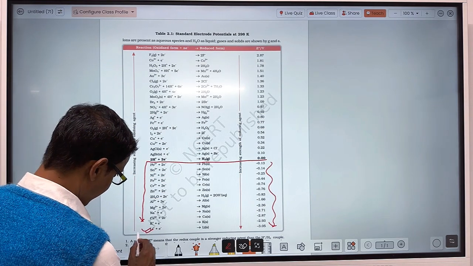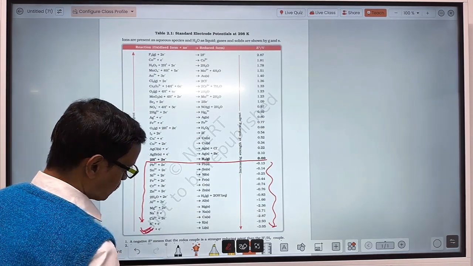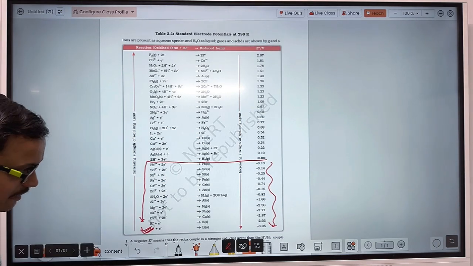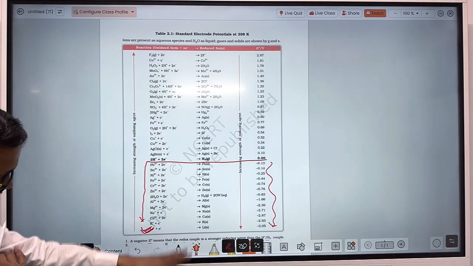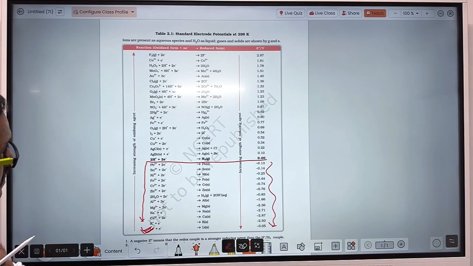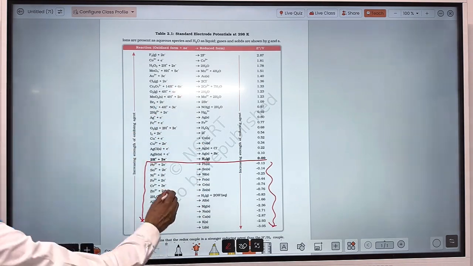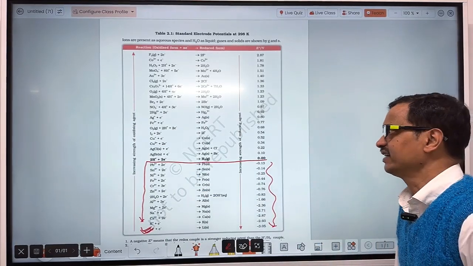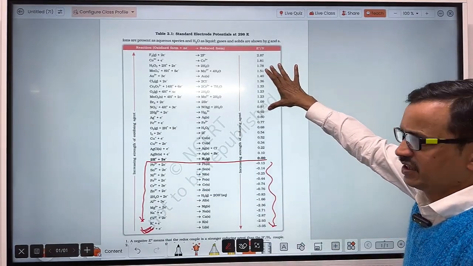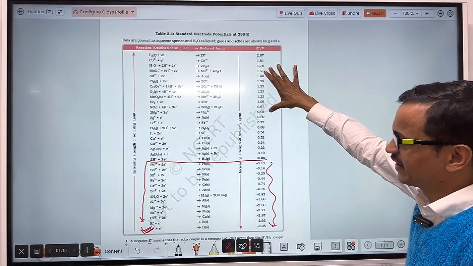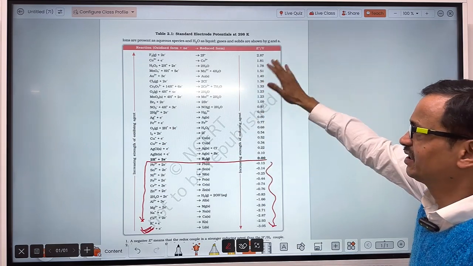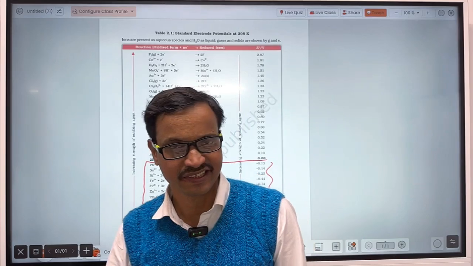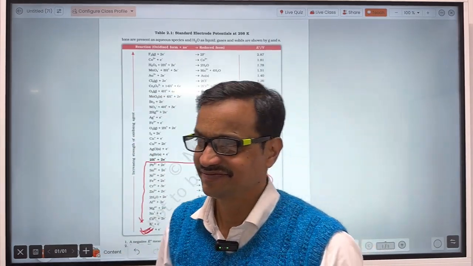That means lithium has too much tendency to get oxidized. That means the oxidation potential of lithium is the highest among these, and the reduction potential is the lowest. Reduction potential means tendency to get reduced, and the greater the value of the electrode potential, the greater the tendency to get reduced, so the less the tendency to get oxidized.